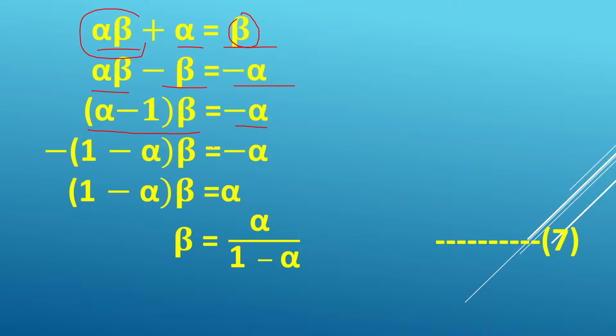So take minus common. On the left hand side, you will get minus of 1 minus alpha beta equal to minus alpha. Cancel minus minus, you will get 1 minus alpha beta equal to alpha. So beta equal to alpha by 1 minus alpha. So this is the relationship between the common emitter current gain and common base current gain. So simply I have modified the above equation 7.